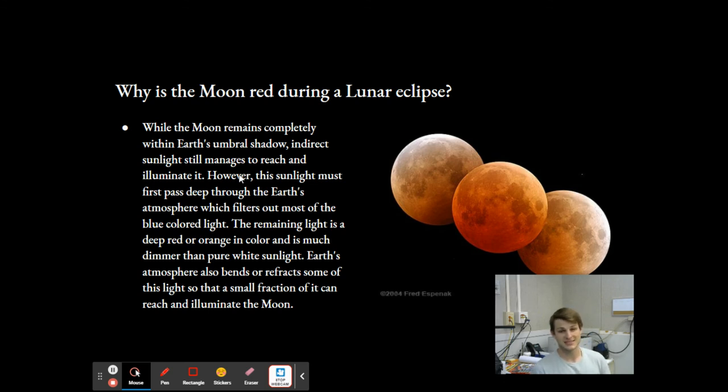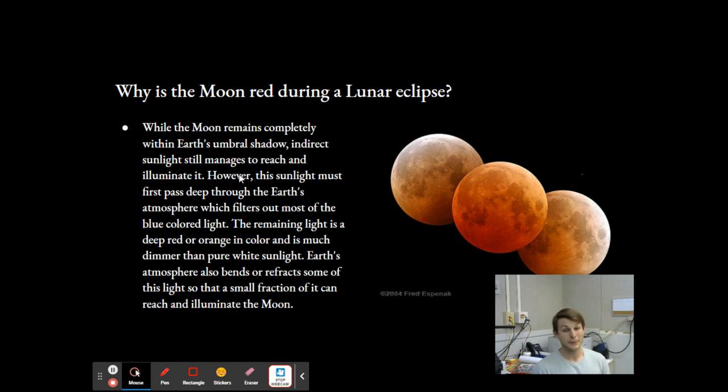But that doesn't mean that some sunlight does not get through by indirect means. So when a lunar eclipse occurs, the sunlight still is able to actually travel through the Earth's atmosphere and reach the moon. So that's why it's not a complete shadow. The reason why it's not a complete shadow is that that light does make it through.